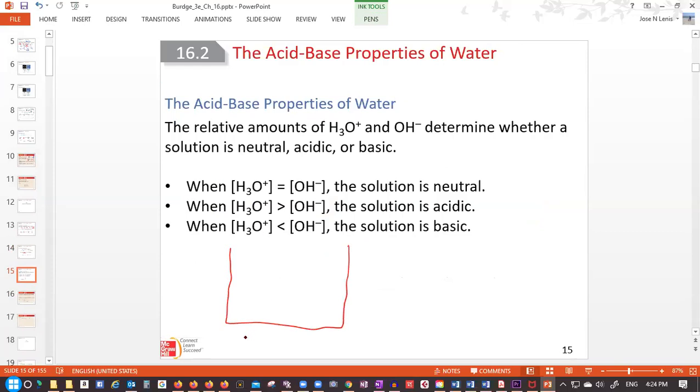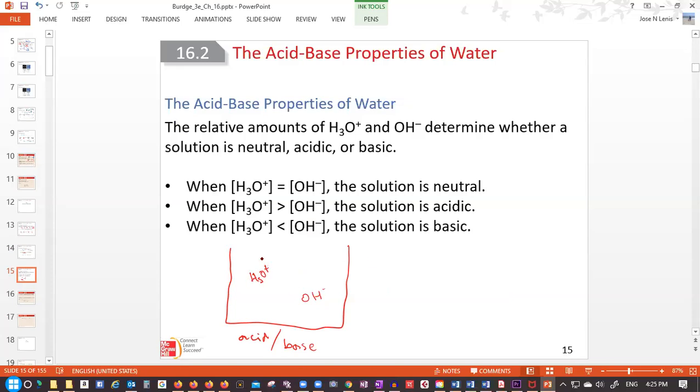For any acid or base reaction, that's what we have: a balance between H3O plus and OH minus. In pure water, we just learned that these two concentrations are the same.